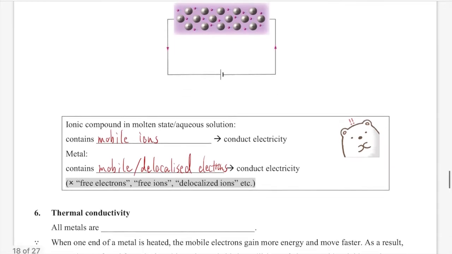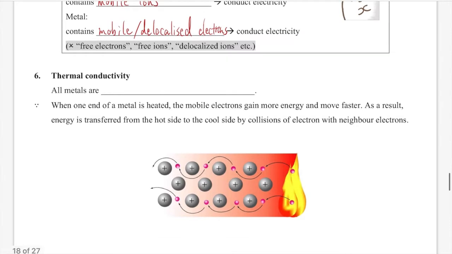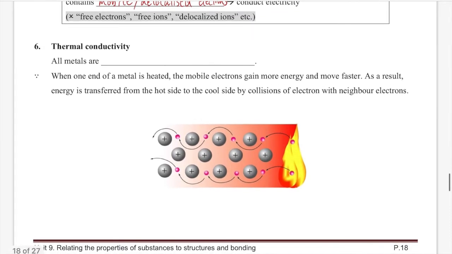Okay, and then move on to number 6, thermal conductivity. I believe we all have some experience that metals are good heat conductors. So that's why we use metal to make cooking pans, and in some cases, if we put a spoon in a very hot soup for some time, the metal spoon is going to get very hot after 1 or 2 minutes.